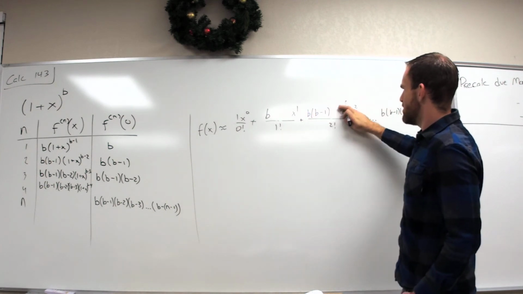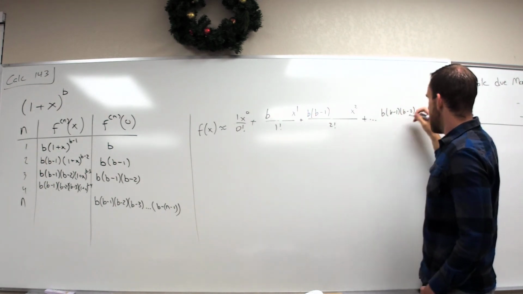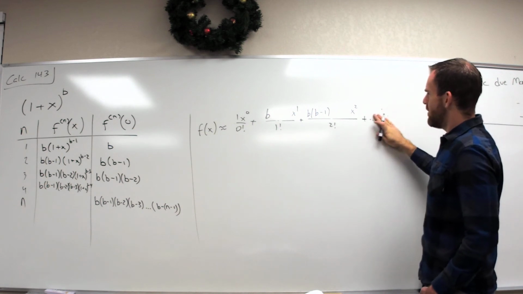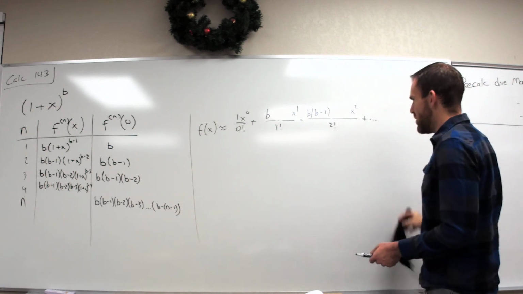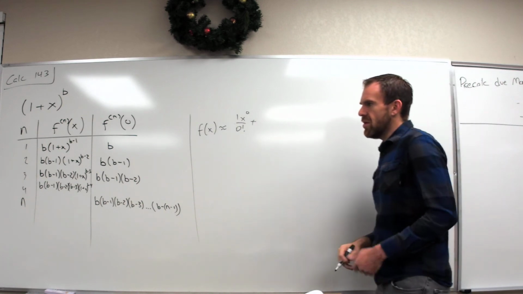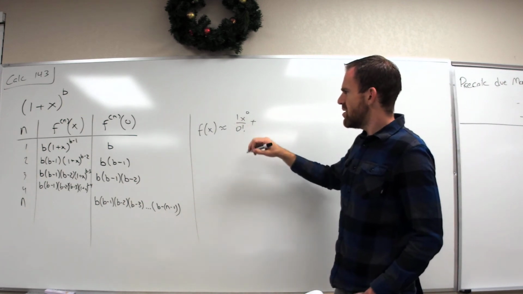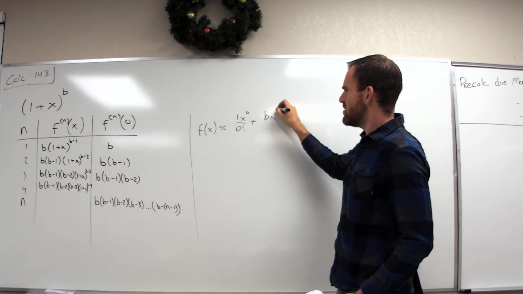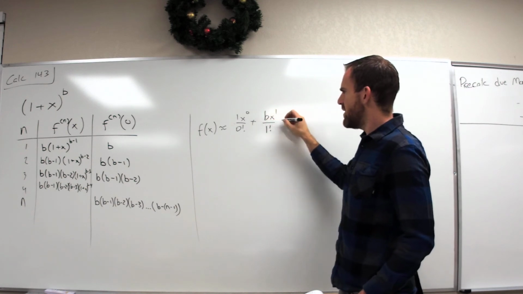It's like the book's always right. Okay, so now we're going to go all the way up to, sorry for that brain fart, everybody. All right, so our 0 term has 1 as the coefficient. Our first term has b as the coefficient.